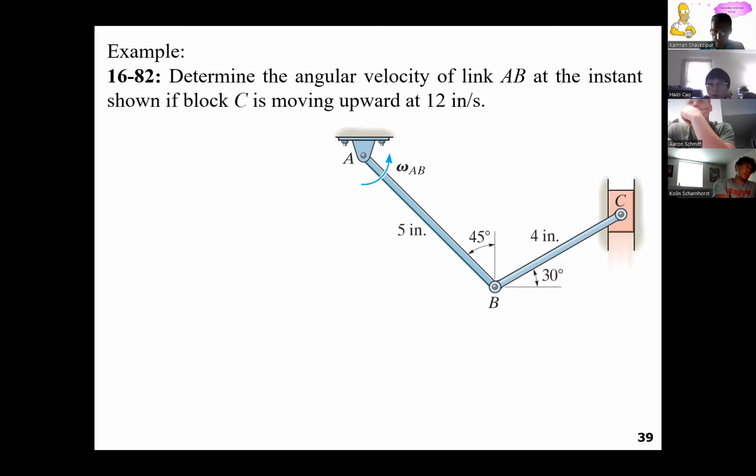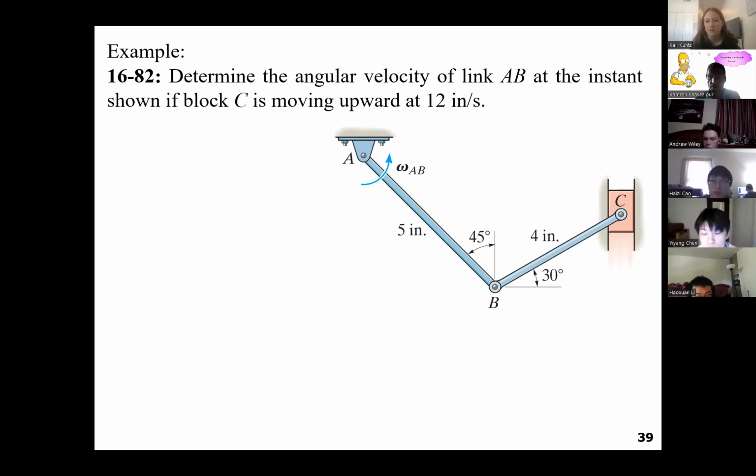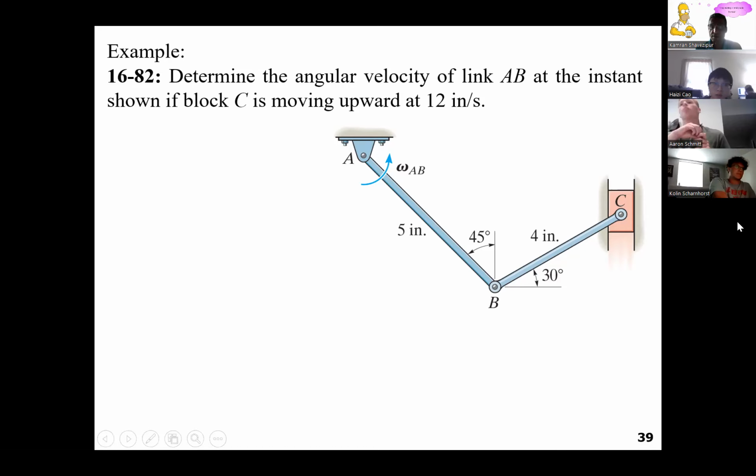I think link B. Sorry, I couldn't hear. I think link B. Link B? B is not a link, B is a point. Oh, yeah, I mean point B. Link BC, right? Yes. Link BC has general motion, so we're going to pick that to find the IC.